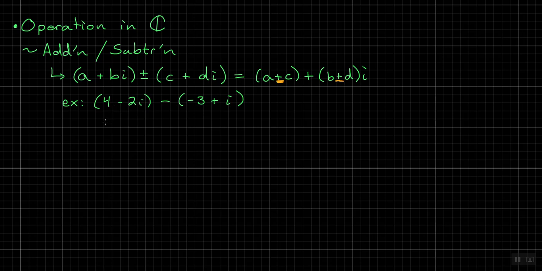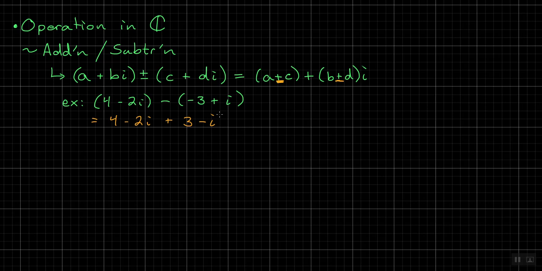I notice it so frequently. These really, really matter. I'm going to get rid of them, but to do so, I have to do what? I must distribute. So let's do that. I'm going to drop these ones because there's nothing connected. 4 minus 2i. And then do you guys agree that becomes plus 3 minus i?